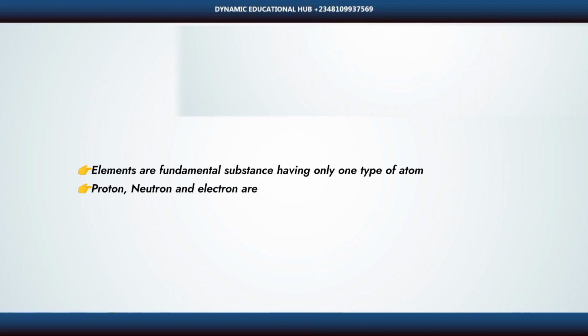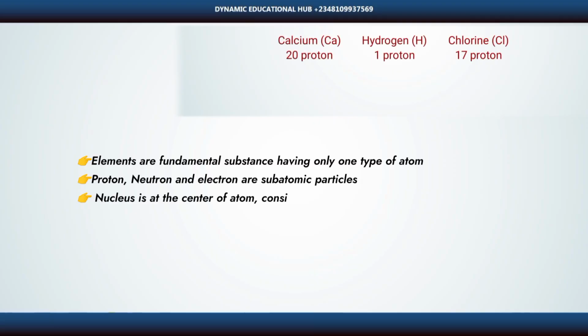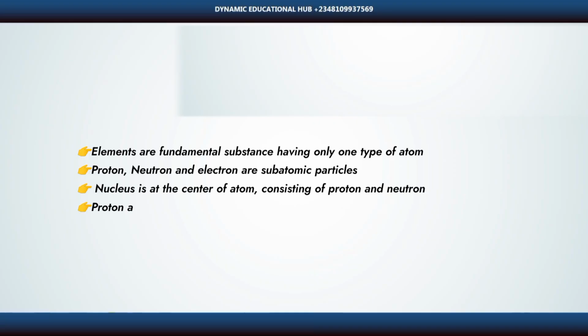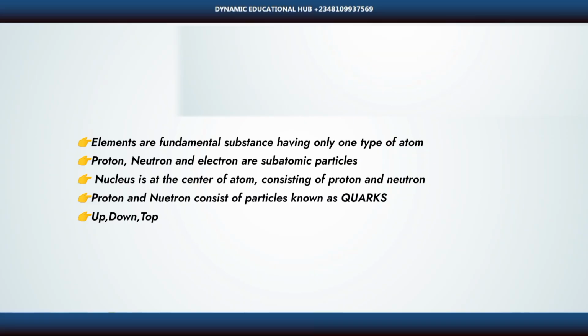Now, an atom is made up of subatomic particles, the first being proton, neutron, and electron. Proton and neutron are in the center of an atom, so they represent the mass of an atom. Proton is positive, and proton is responsible for the identity of an atom. Proton is carrying positive charge.